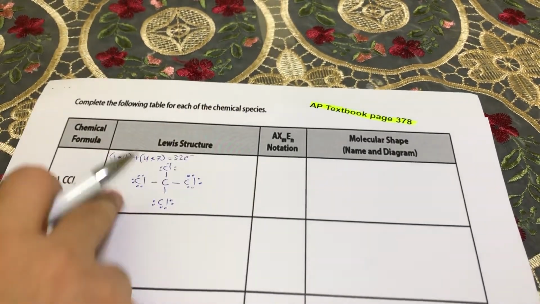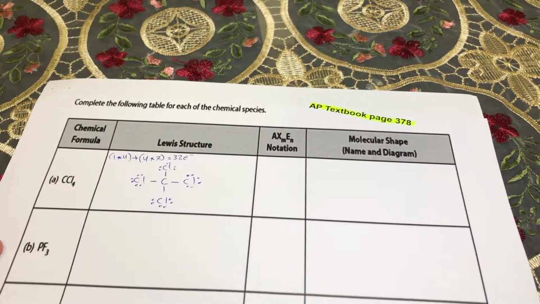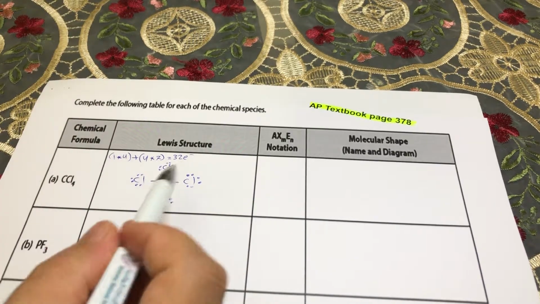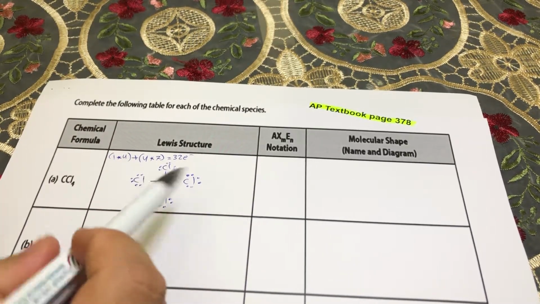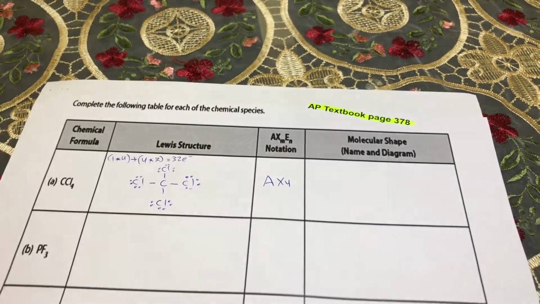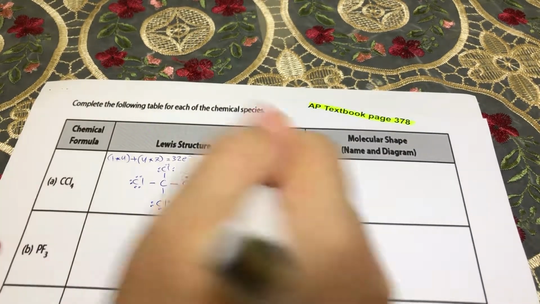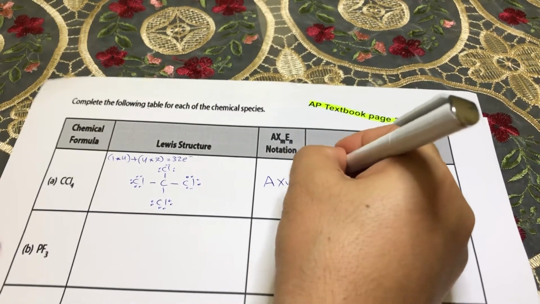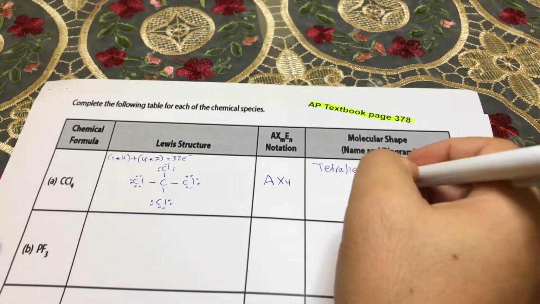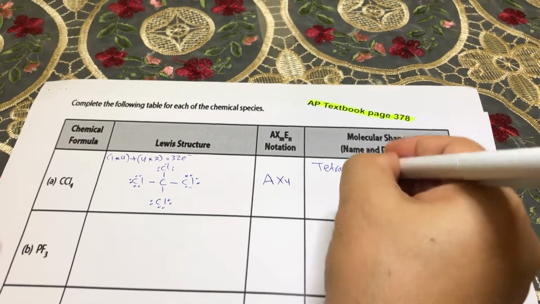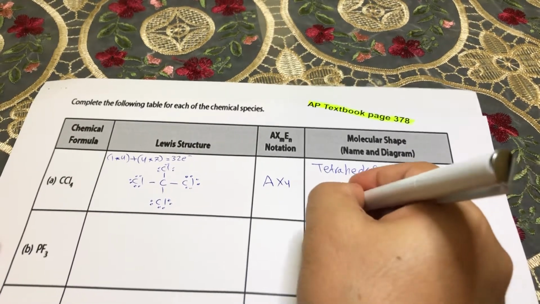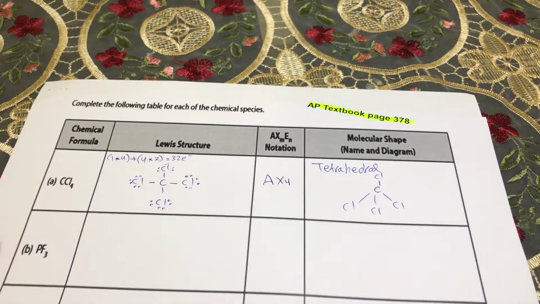If we calculate, the electrons should be 32. Because we don't have any lone pair electrons, the notation is AX4, and the geometry is tetrahedral. The shape should be like here. This is called tetrahedral geometry.